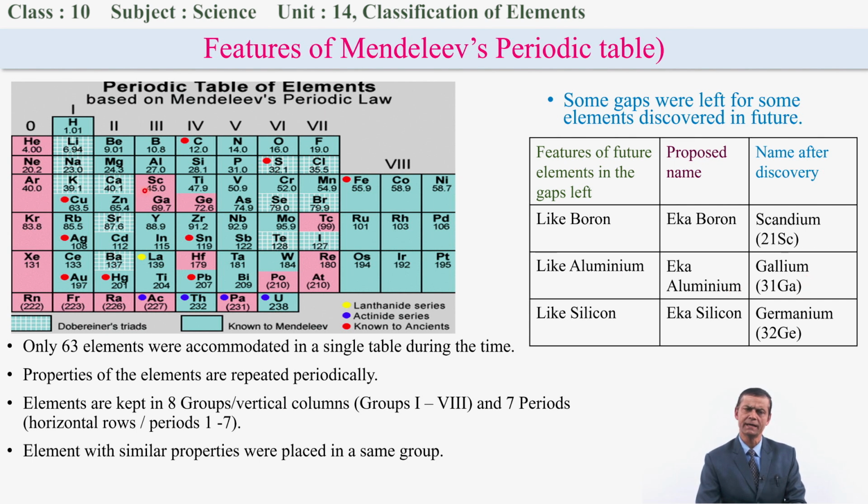Gallium was placed here in the gap. Similarly, an element whose character looked like silicon was proposed as Eka-silicon, and germanium was discovered. Germanium fulfilled the gap here. Yes, these are some of the features of Mendeleev's periodic table.